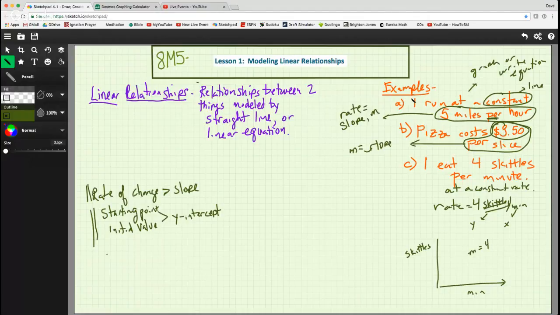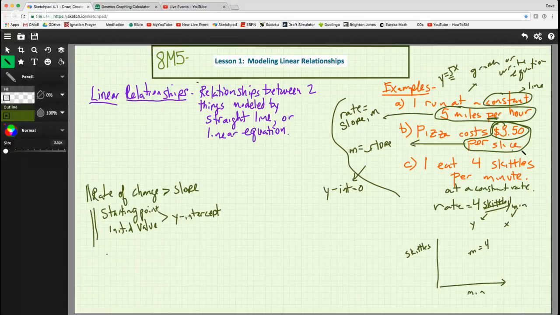In all cases in these examples, we don't start with anything and we don't have an initial value. So in all 3 cases, our y-intercept equals 0. In the first case, our equation is y equals 5x. Our slope is 5.